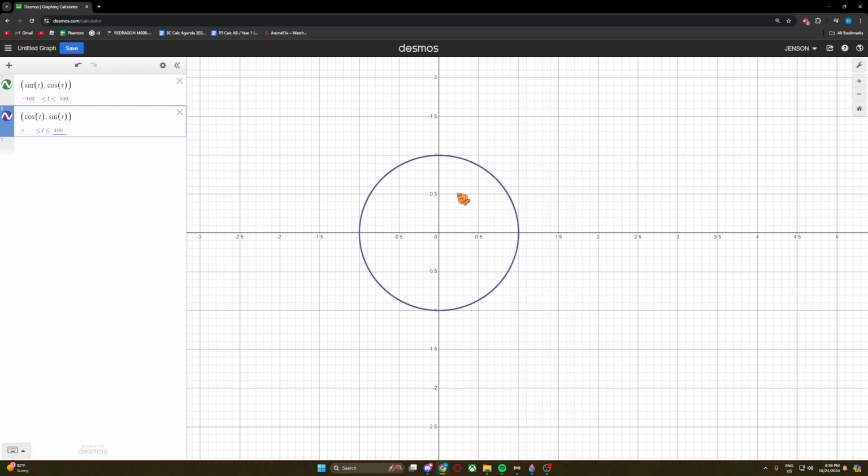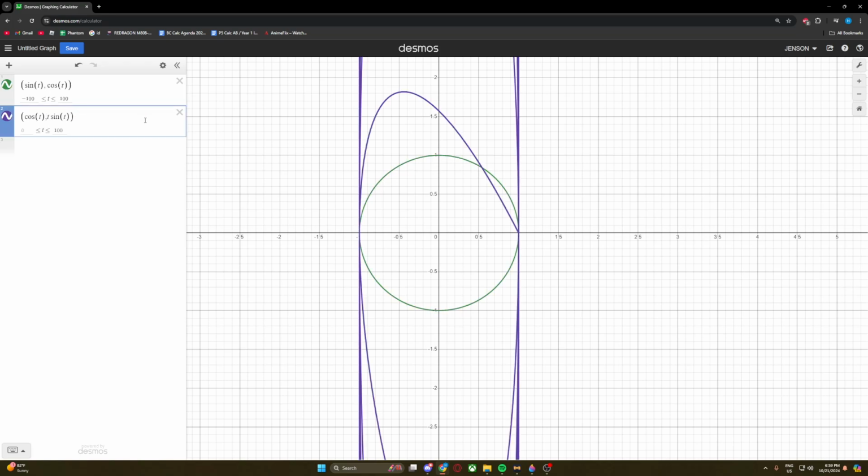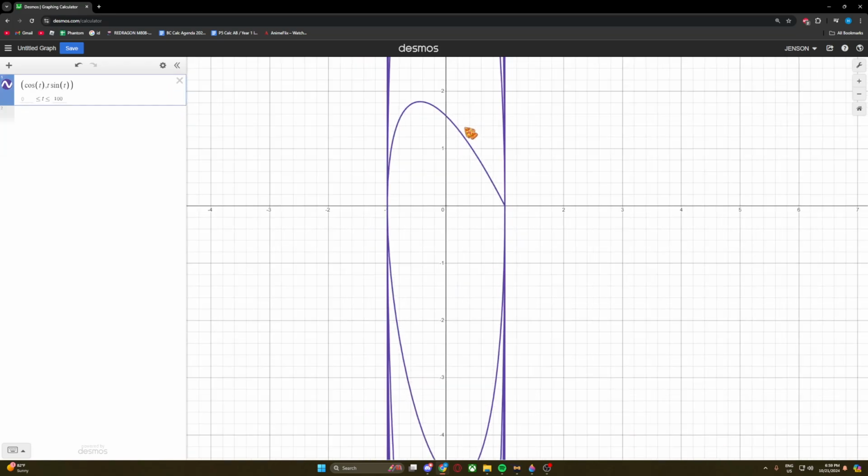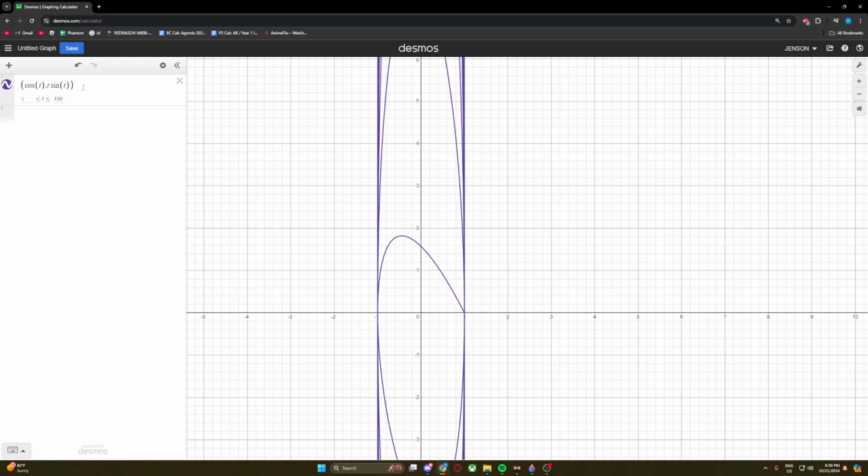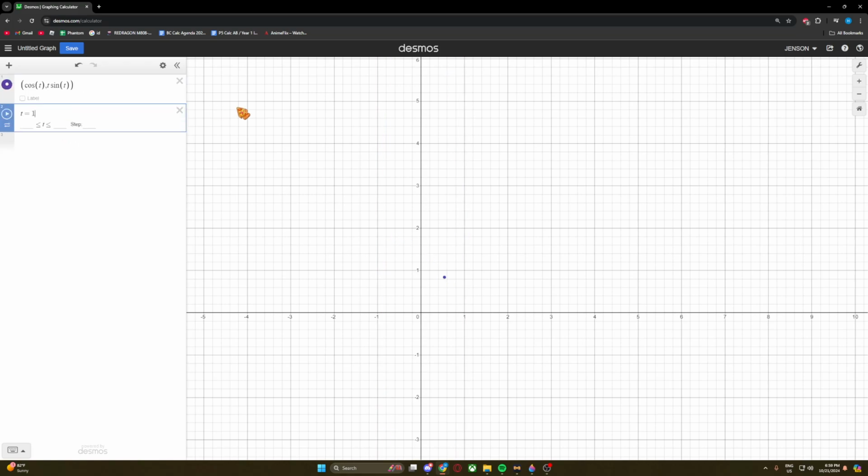Make it both sides. Let's add t. Yeah. If you had t, look at that. And let's see time. If we had t equals 1, look at the point.